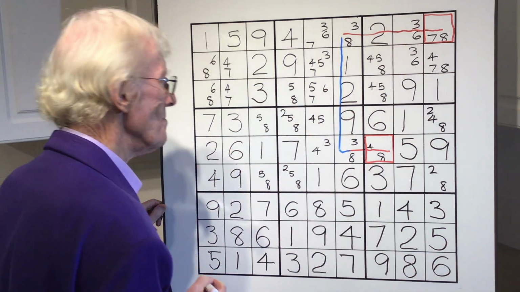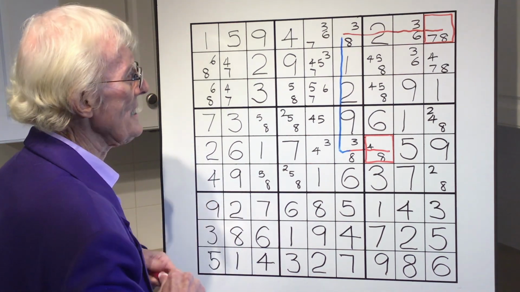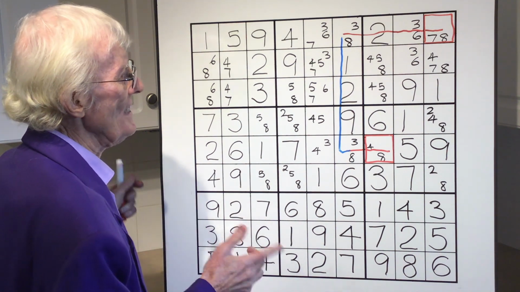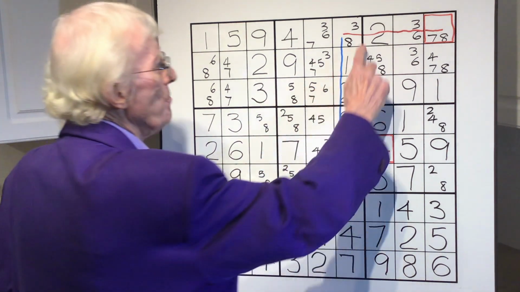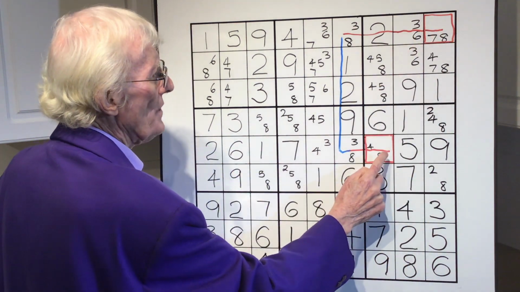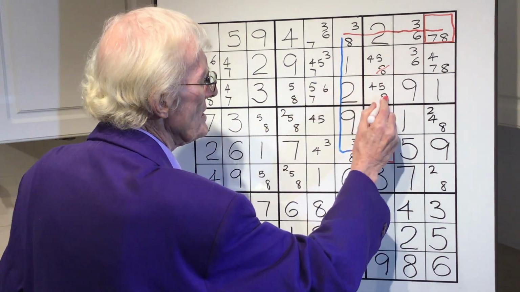Fine. Now, having done that, what's the next step? Well, we look, let's say, at an 8. Look at if there's any 8 in this block that can see that 8 and that 8. Well, there are 2. There's this one, there's this one, and there's this one.